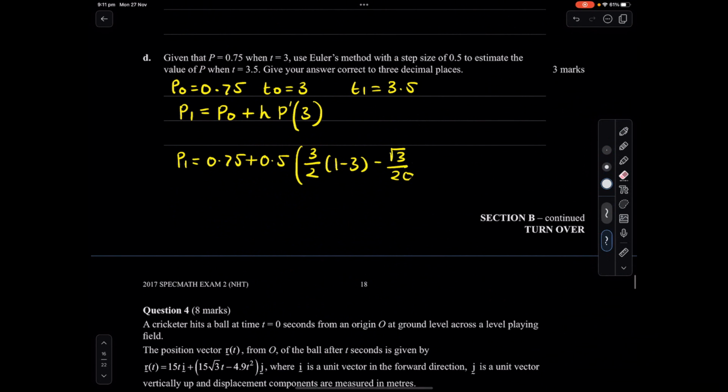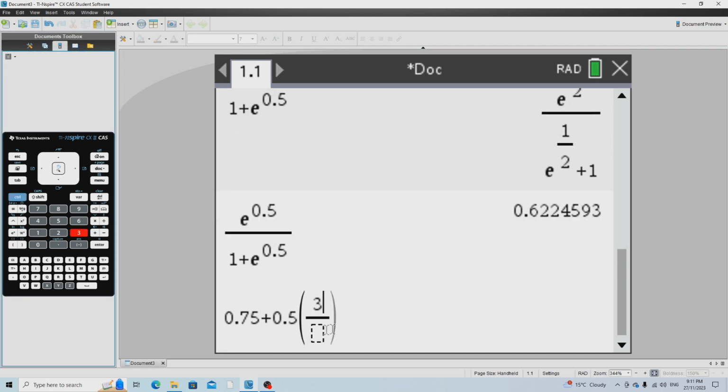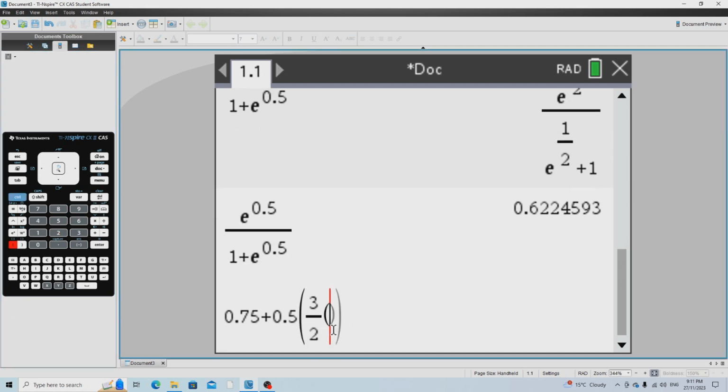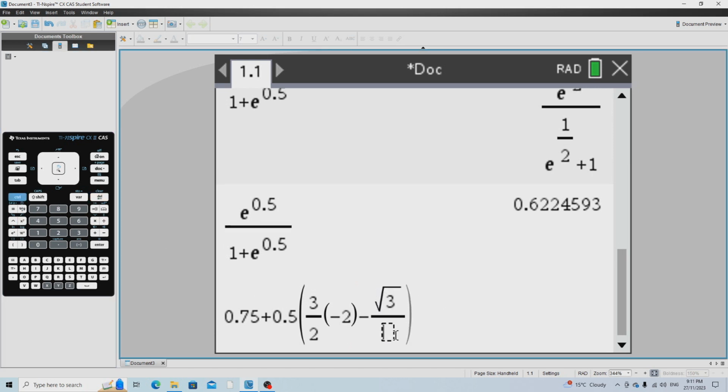We run this whole thing and get P1. 0.75 plus 0.5, 3 over 2, minus root 3 over 20.